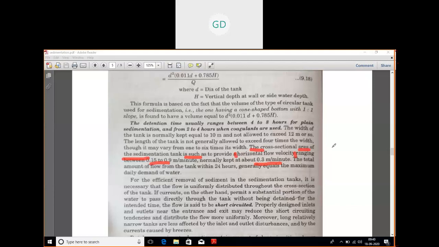Write down this line. Now quickly we will jump to one numerical problem.